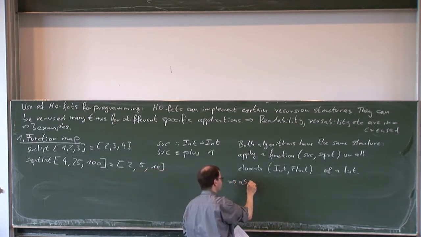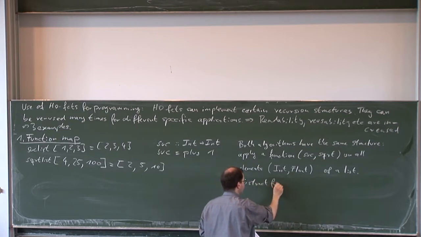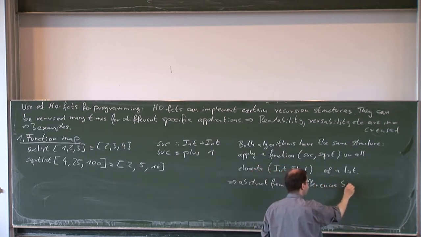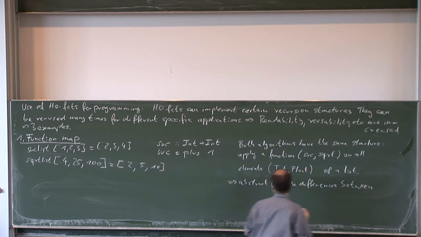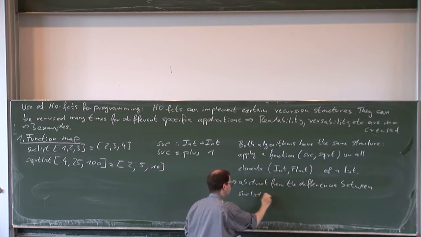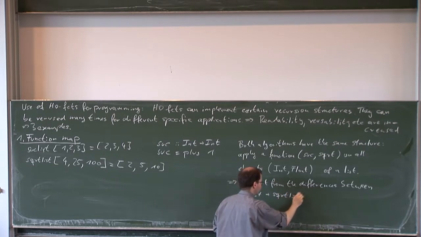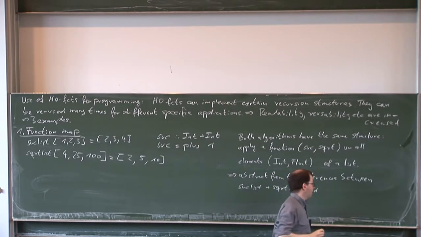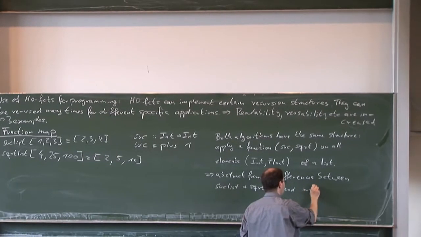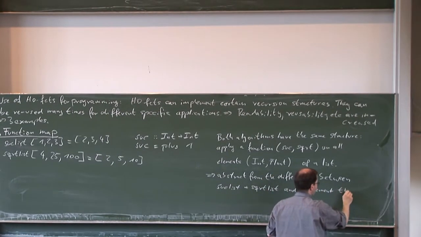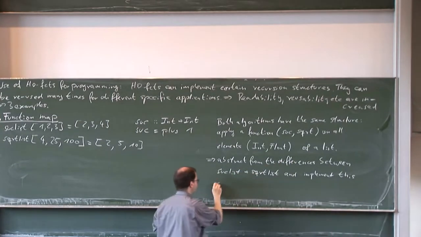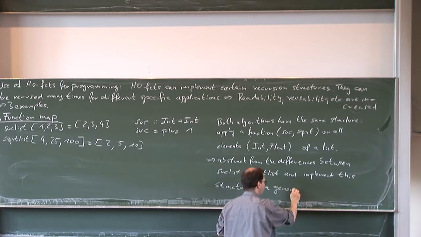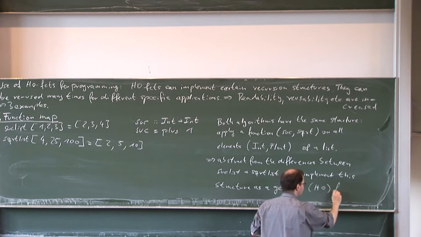So abstract from the differences between these two algorithms, between sucklist and square root list, and implement this structure as a general function, and that will be a higher order function.